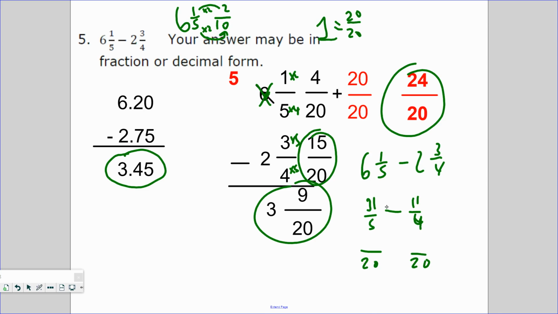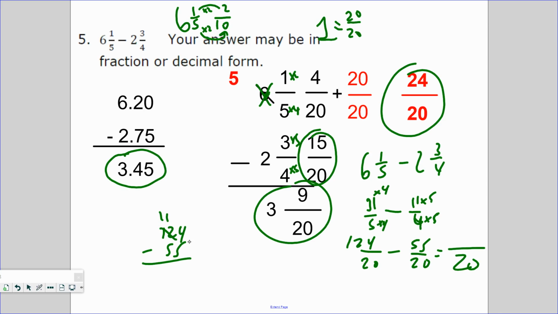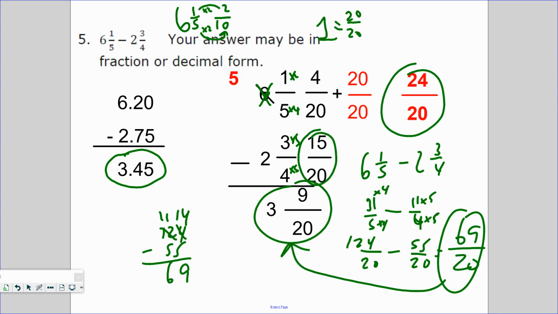Times 4 times 4, and 31 times 4 is 124. How do you build 4 to a 20? Times 5 times 5, 55/20. So what is 124/20 minus 55/20? This is a 14. 14 minus 5 is 9. 11 minus 5 is 6. 69/20, which is the same answer. That's that.